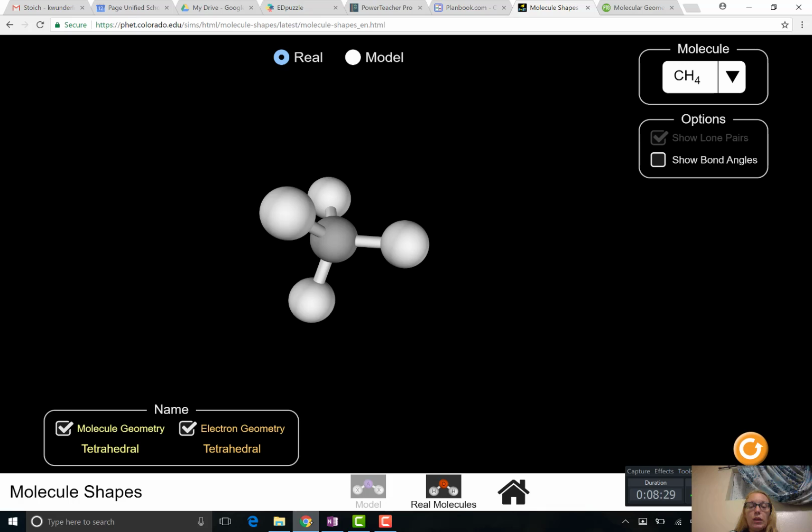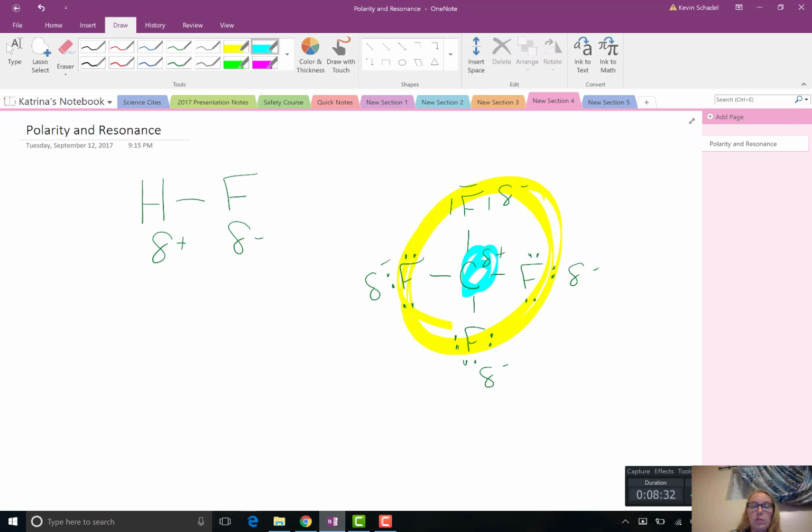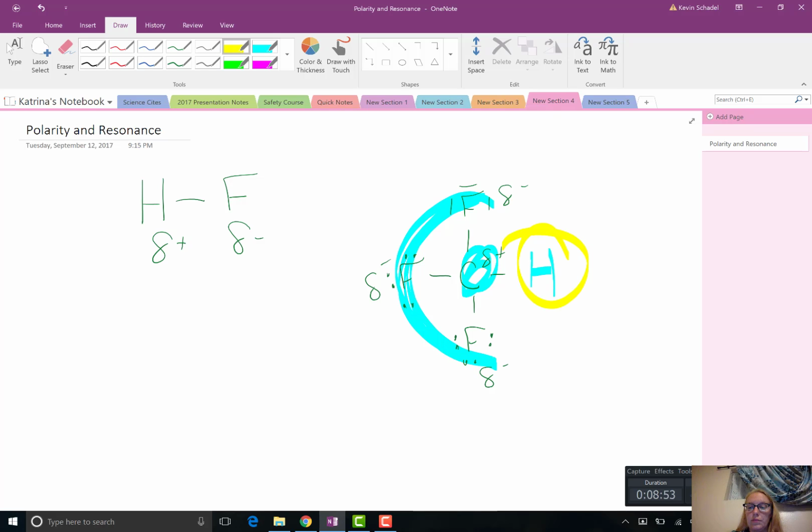If I wanted this molecule to be polar or a similar molecule to be polar, I would have to change this piece here, or one of the pieces, it doesn't have to be this particular one, to something with a different electronegativity. Now, very clearly, I have an unequal distribution of electrons. There's way more electrons on this side of the molecule than there is here.